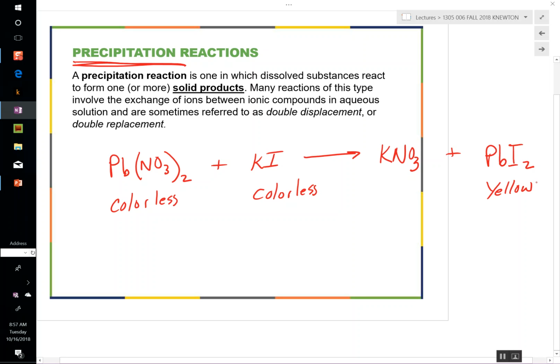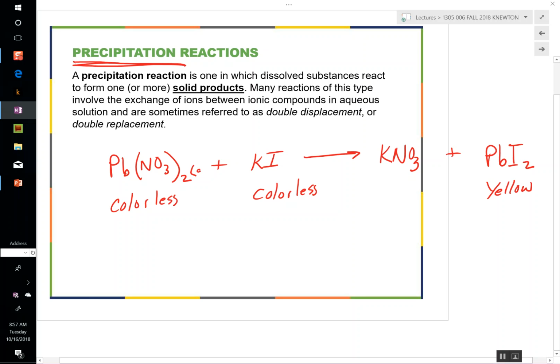Lead iodide. The potassium iodide is soluble in water, but the lead iodide is not soluble in water. And you formed that, and it was heavy. If you let it sit there long enough, it just started falling to the bottom of the test tube. There was your lead iodide in the bottom of the test tube. This is a precipitation reaction.